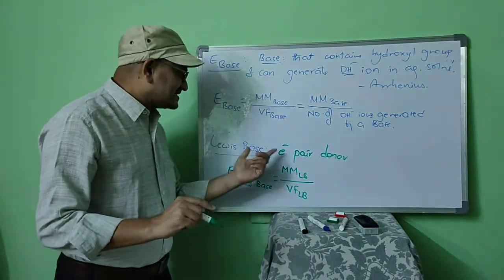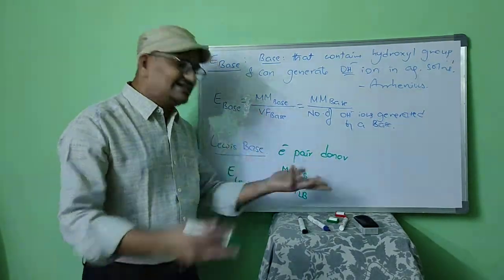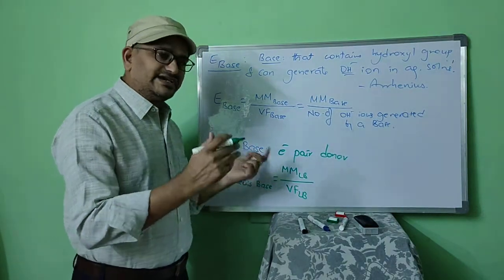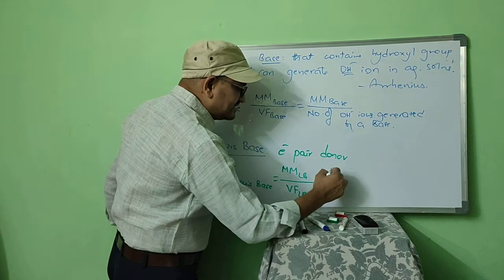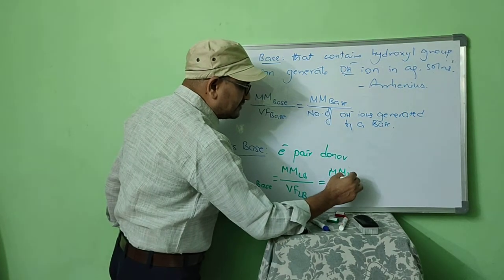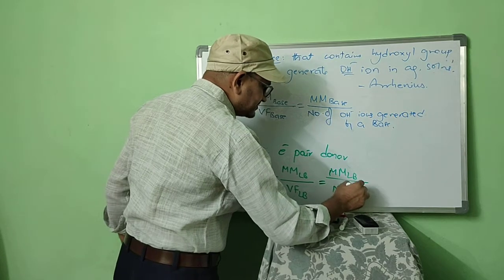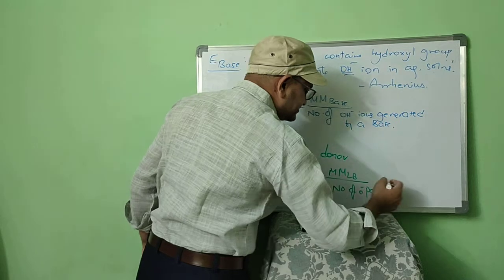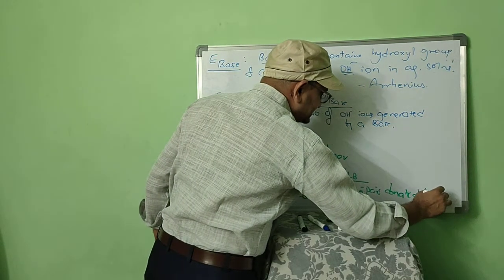What's the job of a Lewis base? Electron pair donation, right? How many electron pairs it can donate? That itself is the valency factor. The number of electron pairs it can donate is its valency factor. So this can be given as molecular mass of Lewis base by number of electron pairs donated by Lewis base.